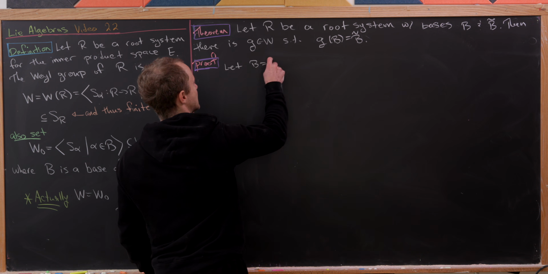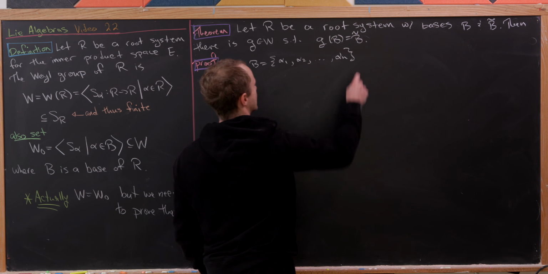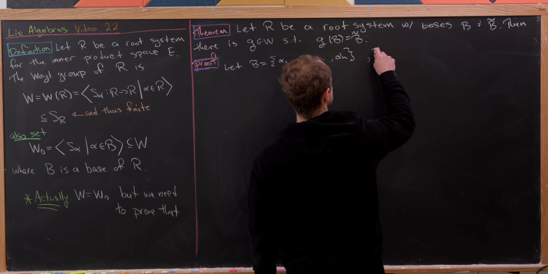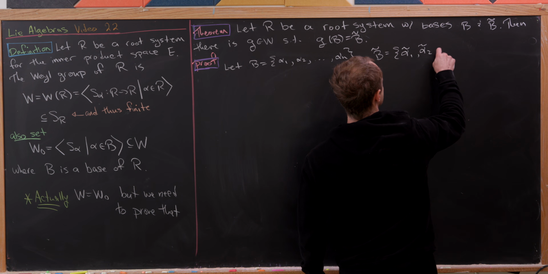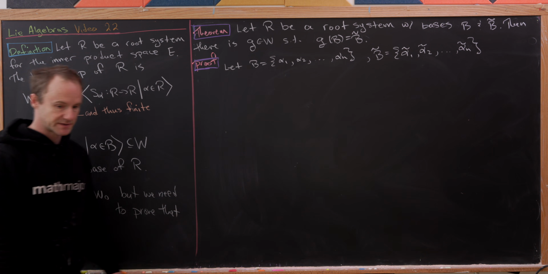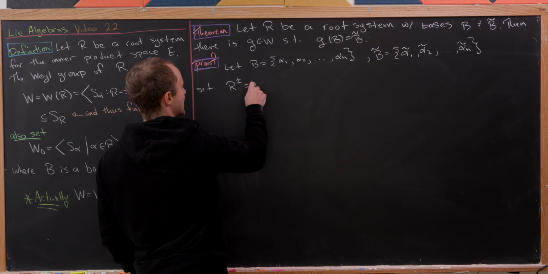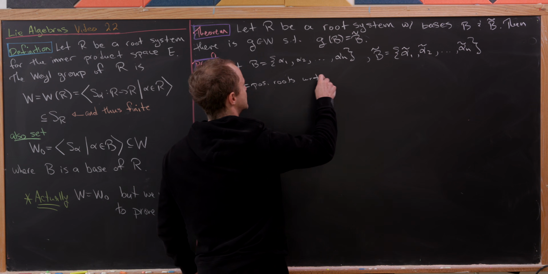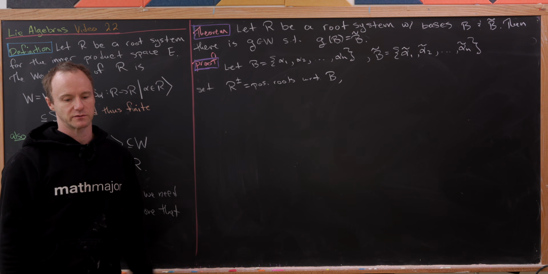Okay, so let's get right to it. Let B be equal to alpha 1, alpha 2, up to alpha n. So that's our first base. And then very similarly, let's say that B tilde is alpha 1 tilde, alpha 2 tilde, all the way up to alpha n tilde. So well named. And then let's also set R plus and R minus equal to the positive and negative roots with respect to B. So remember, you get positive roots with respect to a base of a root system.